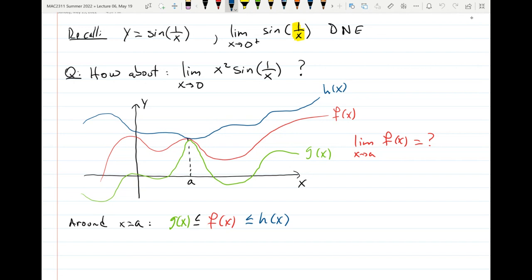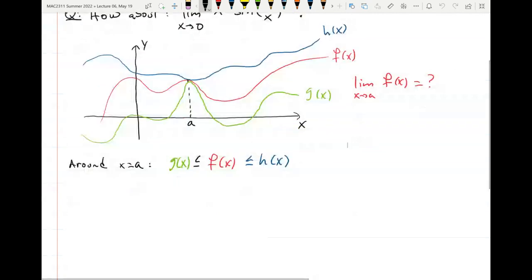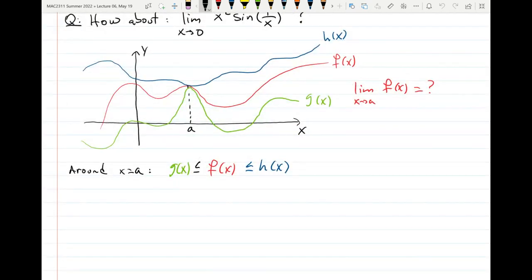So let's say that the limit of the function h is some value, let's call it L. Let's say this value is L. And let's say that the limit of the function g is also L. So both the big and the small function have the same limit around a.